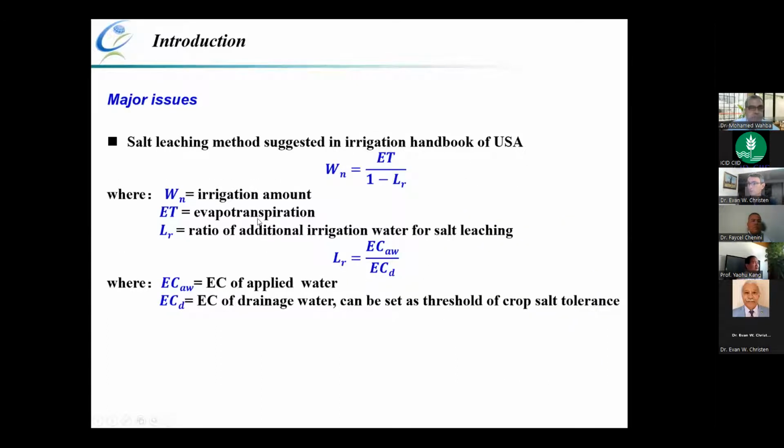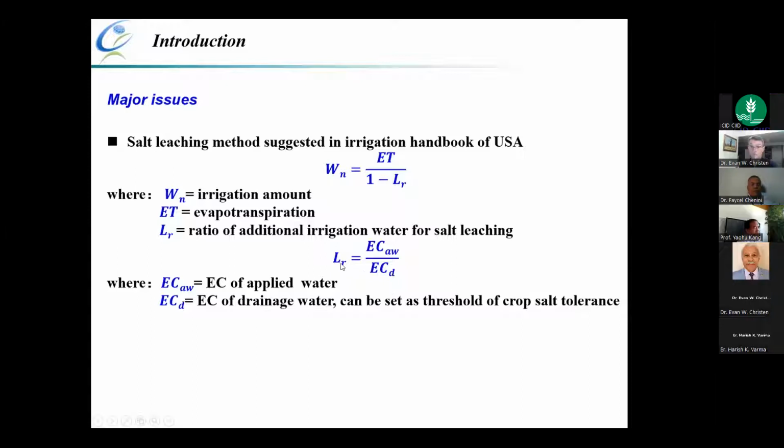For leaching, the method suggested in the irrigation handbook of the United States is this equation: the irrigation amount equals ET divided by one minus the ratio of the additional irrigation water for leaching. How do we determine this ratio?